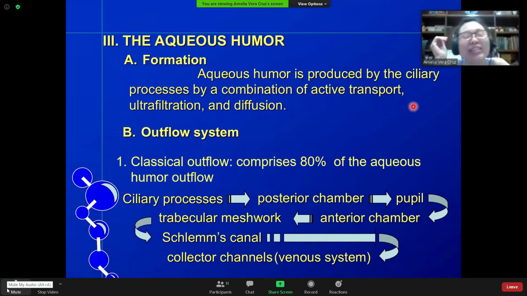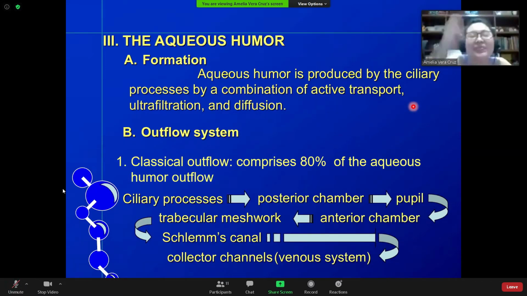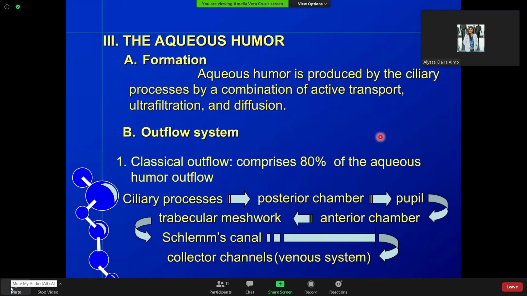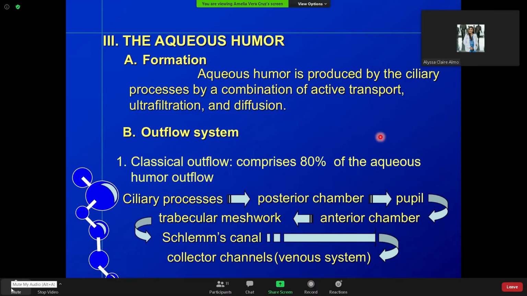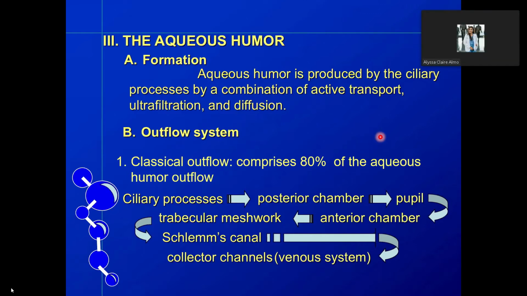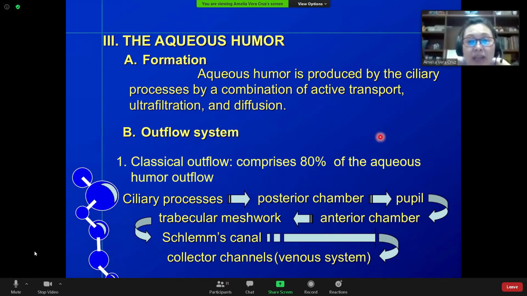That is 69 to 72 per eye. Okay? Yan ang range niya. Basta hindi siya bumababa. Sometimes it will go beyond 70, mga 72. Minsan 76. But not less than 65.